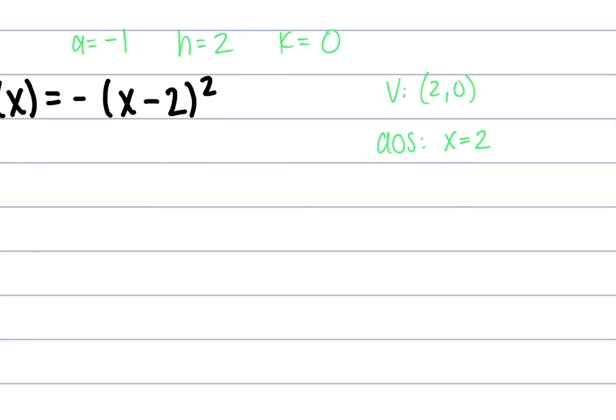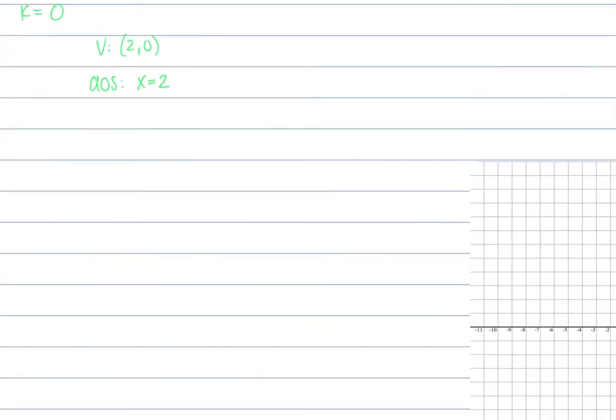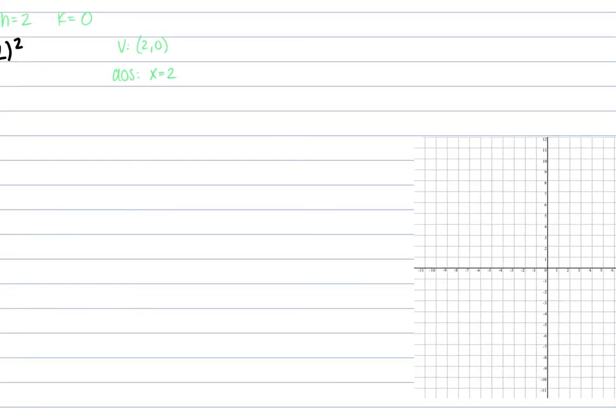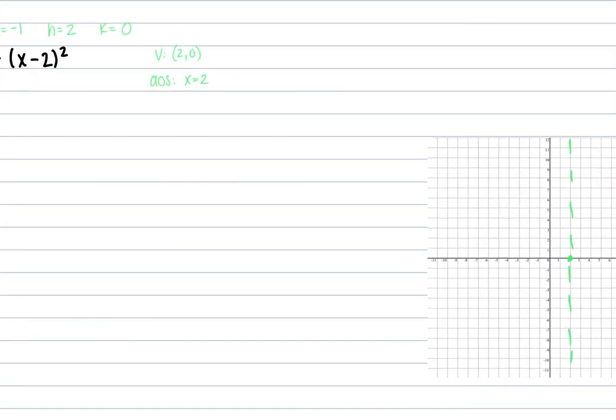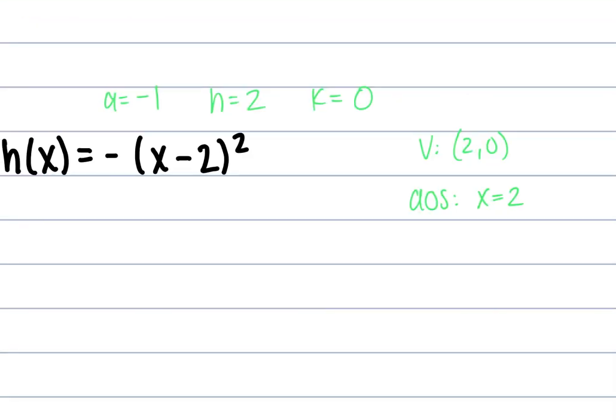X equals 2. So, I'm going to go 2 units to the right, 0 units up. Here's my vertex. My axis of symmetry is going to just be the vertical line through that point. And now let's look at what the change in the graph is based on the A value. What is an A value of -1 doing to my graph? It is a reflection.